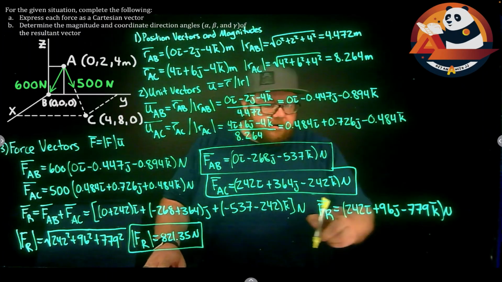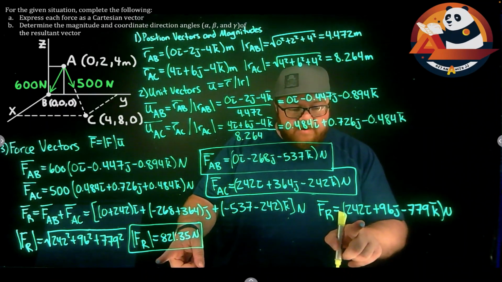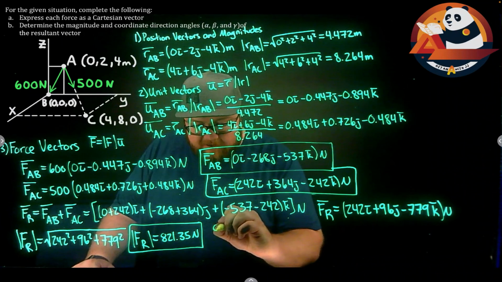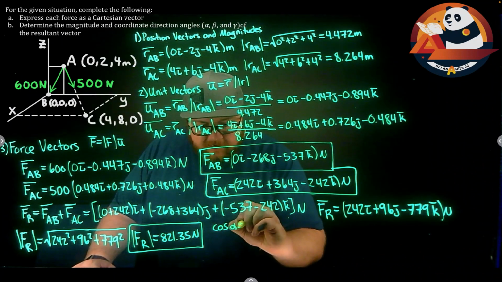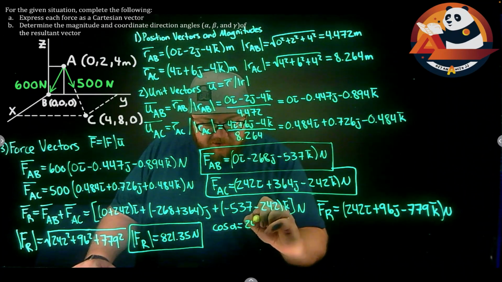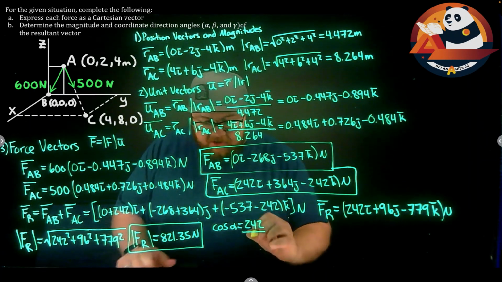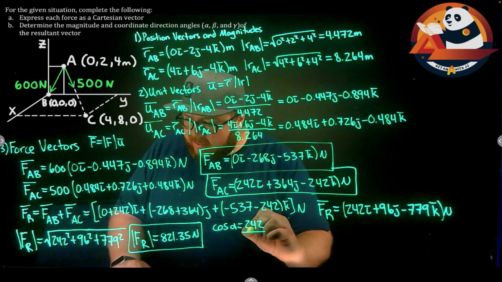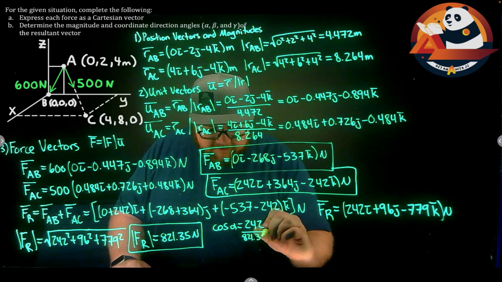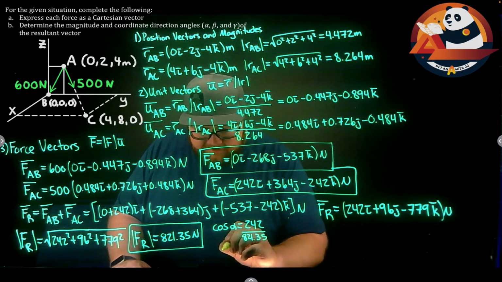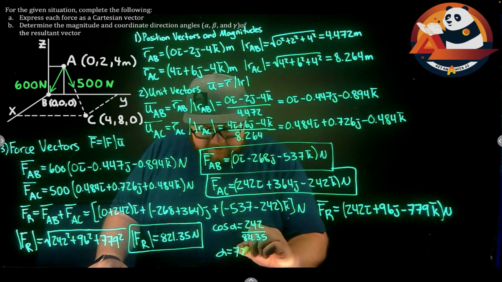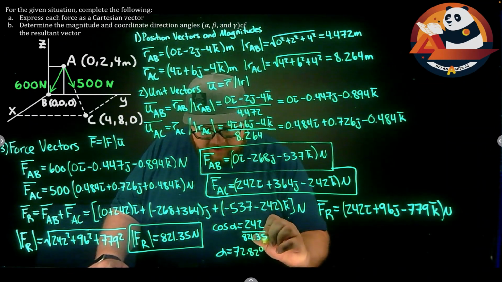Finally, if I know my components and my magnitude, I can get to alpha, beta, gamma. I can say that my cosine of alpha is the i component, 242, divided by my total magnitude, 821.35. Alpha works out to be 72.82 degrees.